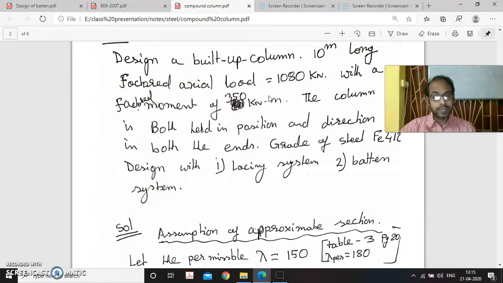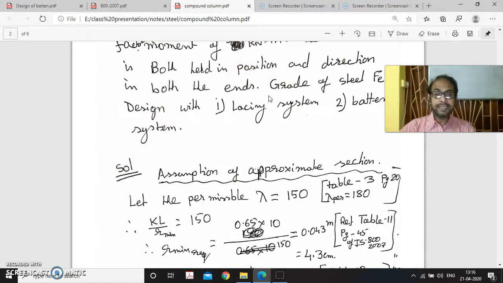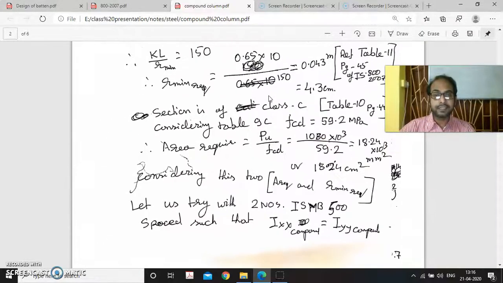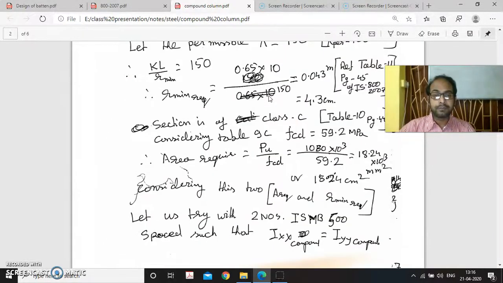Either you have to design a laced column, or we have to provide a batten column. Sometimes we provide both the batten and lacing, but in your studentship problems you may have to design only one.